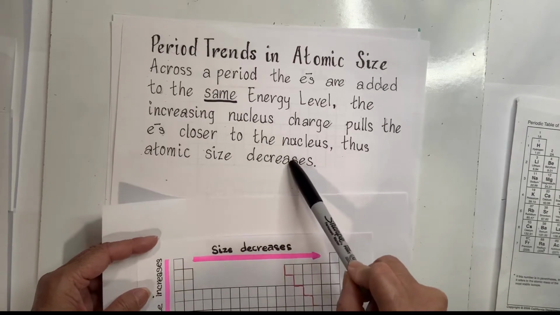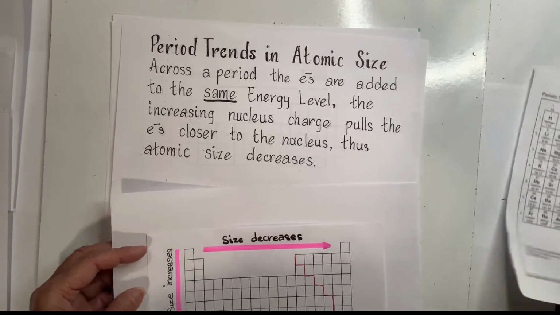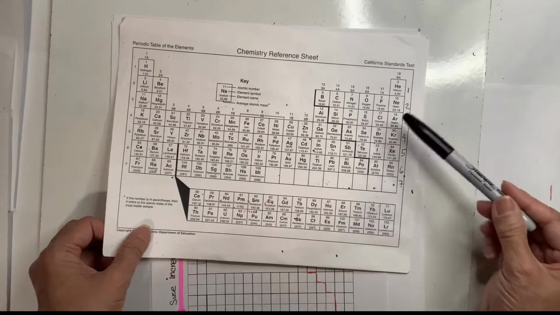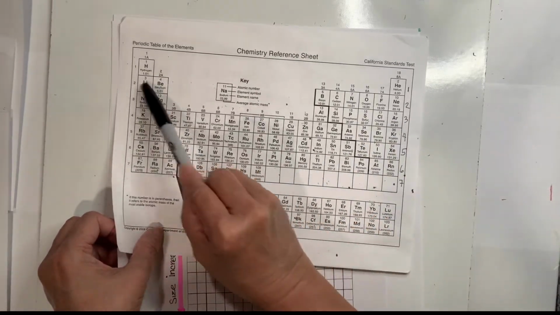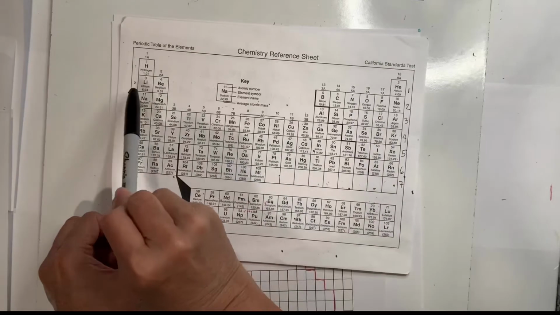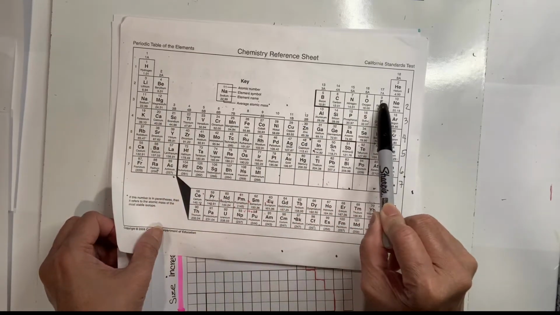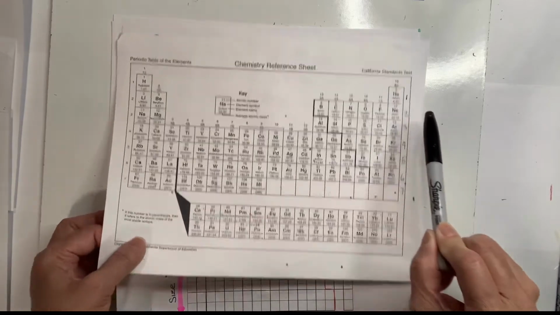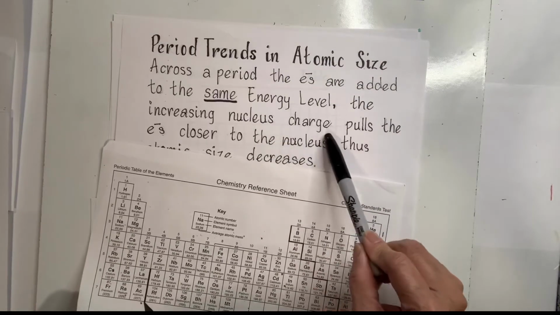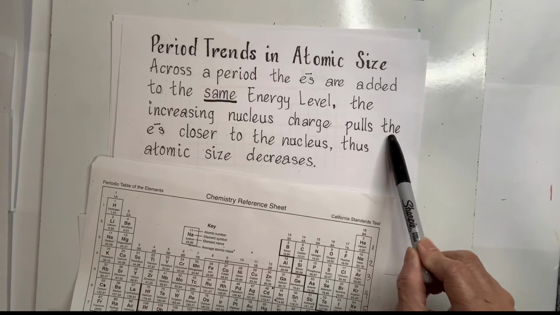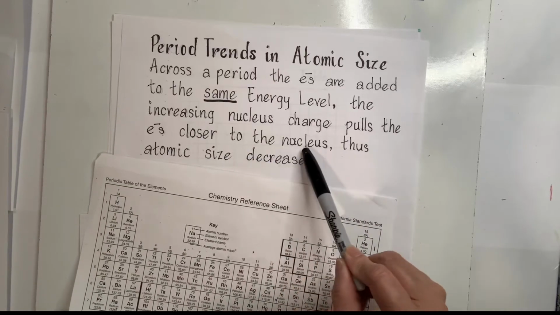Thus, the atomic size decreases. As you can see, in a given period, the energy level remains the same, but there is an increasing number of electrons, and the effect of that is the increasing nuclear charge, which pulls the electrons closer to the nucleus.